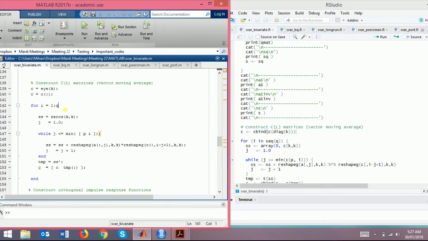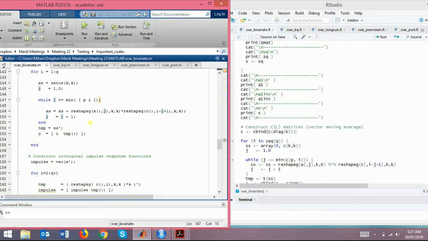For I equals 1 to Q, first we have zeros. This is just to store our data, SS, where this data will be stored. J is 1. Okay, so we have 1 moving average probably, so we'll use a while loop.